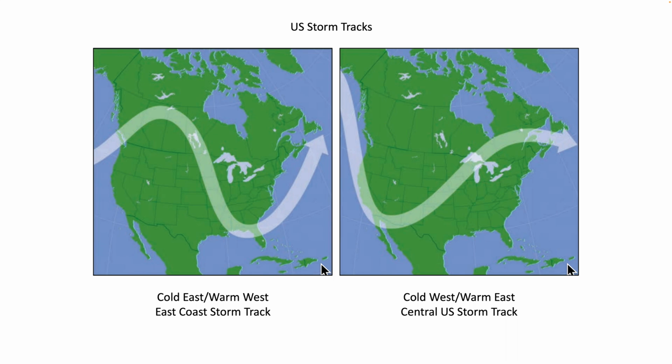So typically what we see in the United States is that we either have a west coast ridge and an east coast trough, or the opposite, a west coast trough and an east coast ridge. So if we take a look at our first example with a ridge in the west and a trough in the east, this is typically when we get our storminess here in the eastern part of the United States, not surprising.